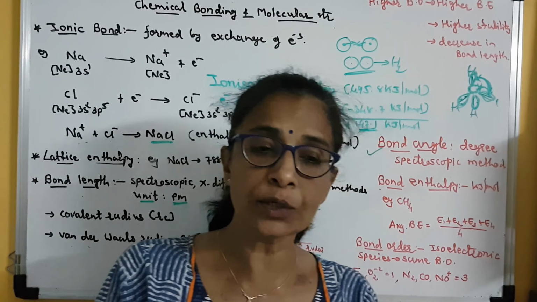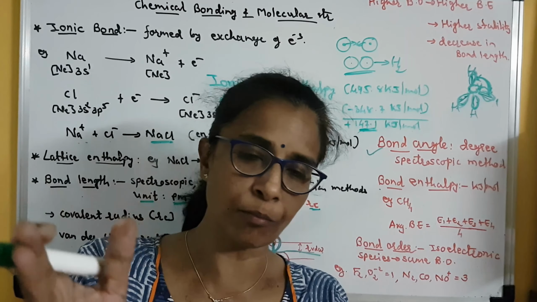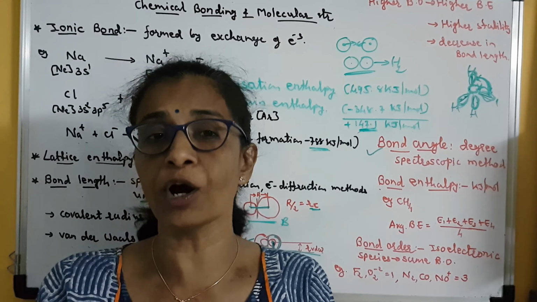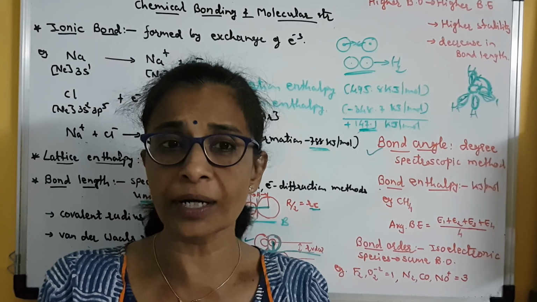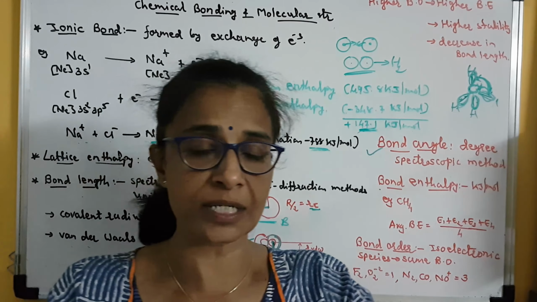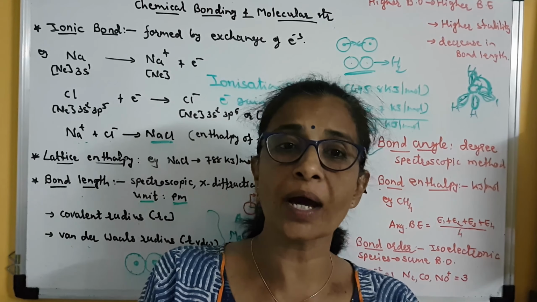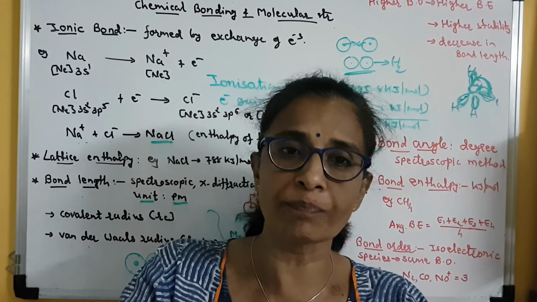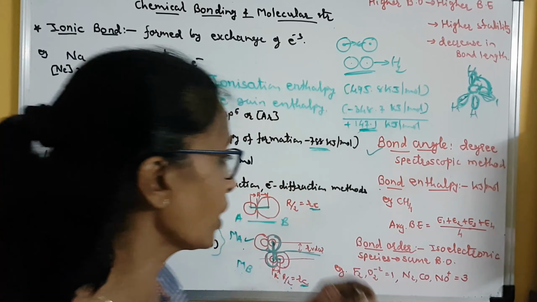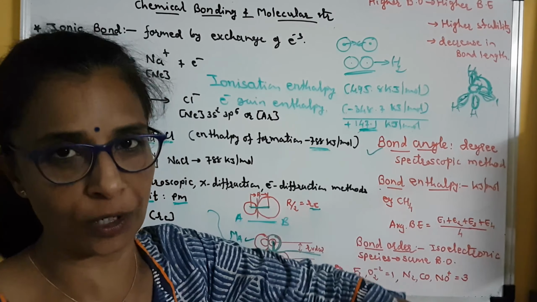So in a molecule there is a bond formed between the bonded atoms, and the energy required to break this bond of a particular type, whether it is a single bond or double bond or triple bond, whether it is a covalent bond or ionic bond. Clear? So the energy required to break 1 mole of the bond of a particular type in a molecule is called bond enthalpy. It is measured in kilojoule per mole.